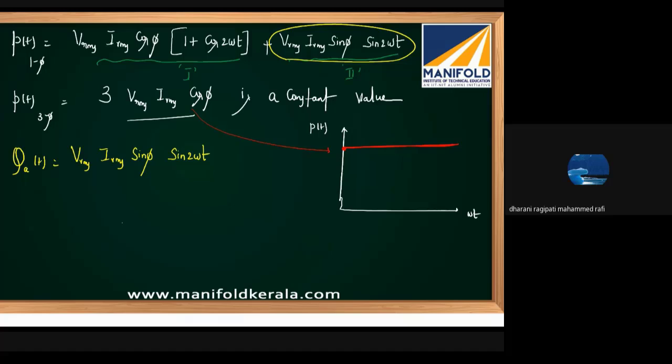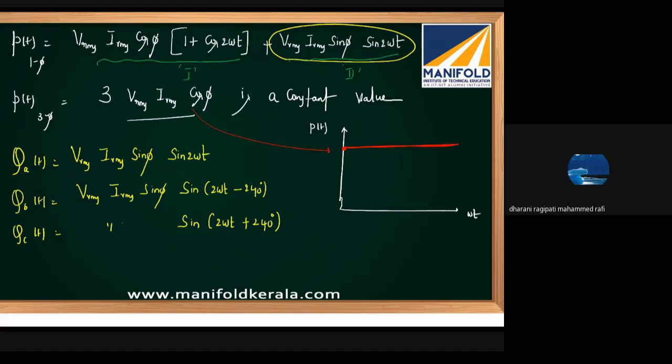Similarly, if you calculate the reactive power for B phase, you are going to get VRMS into IRMS into sin phi into sine of 2 omega t minus 240, if you only take the B phase terms and do the same exercise. Similarly, if you calculate for C phase, you are going to get again the same value into sine of 2 omega t plus 240.